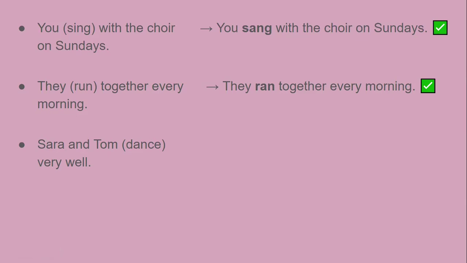And therefore, it should end with ed. And to make it end with ed, we just add d at the end to form its past form, its V2 form, its second form. And therefore, the sentence becomes, Sarah and Tom danced very well.